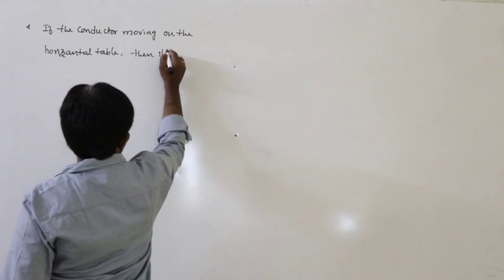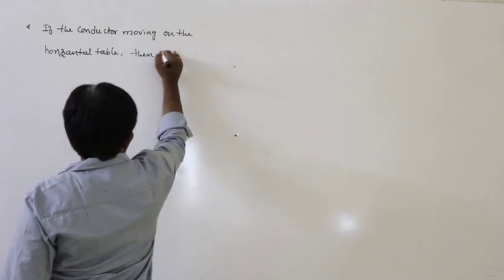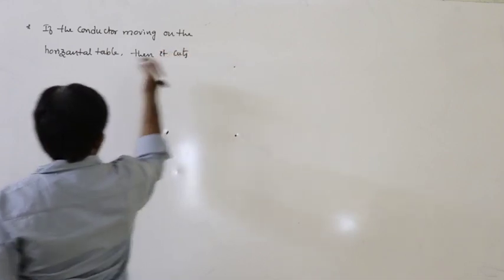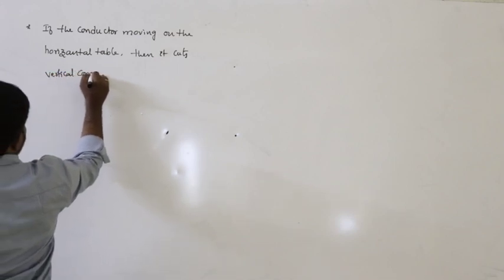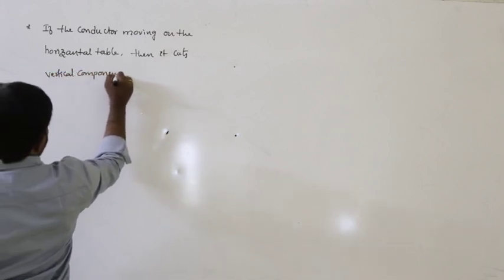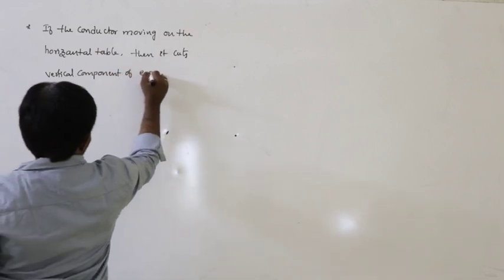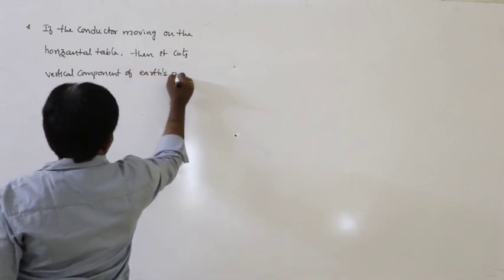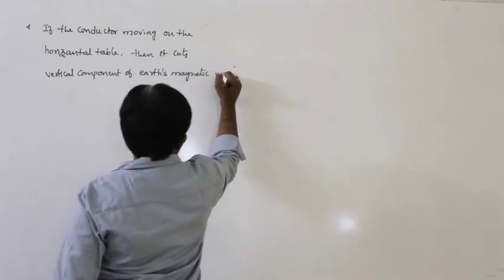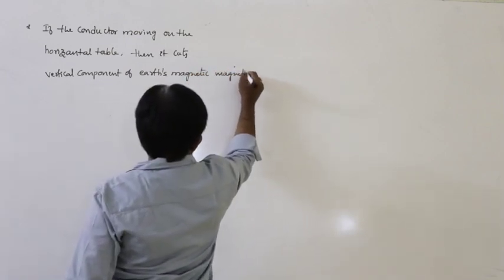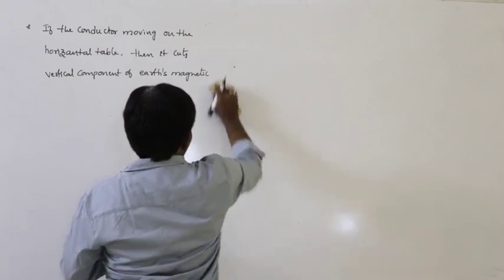Then the conductor cuts the vertical component of Earth's magnetic field.